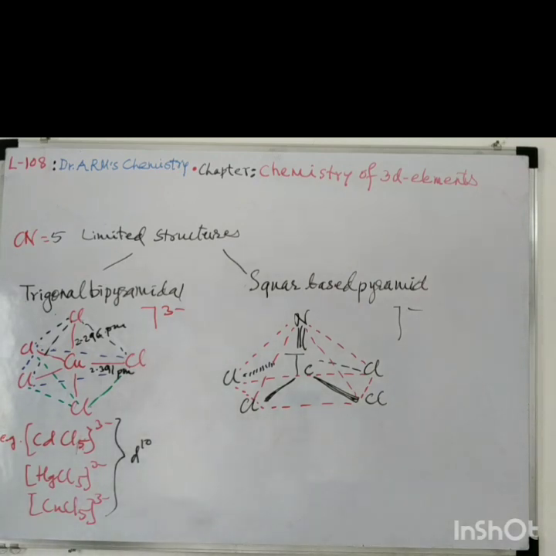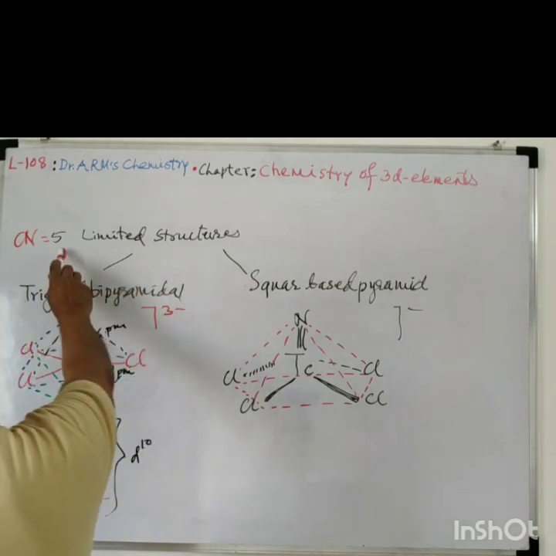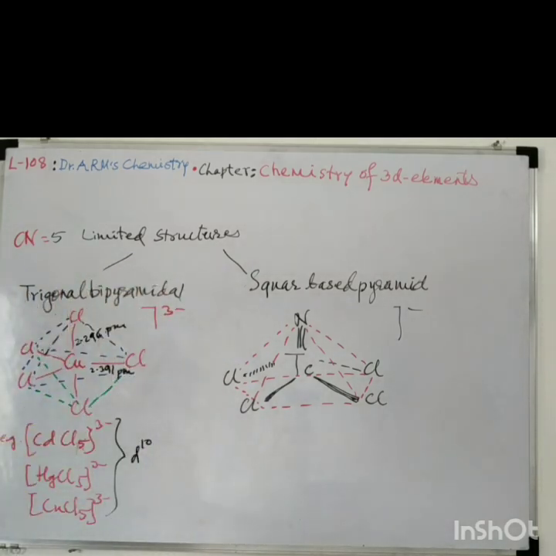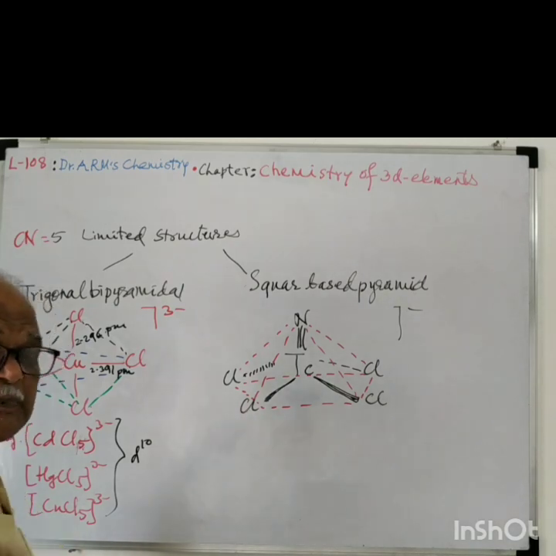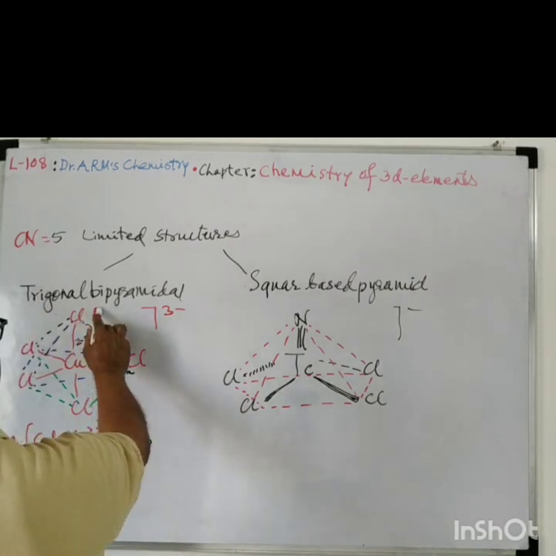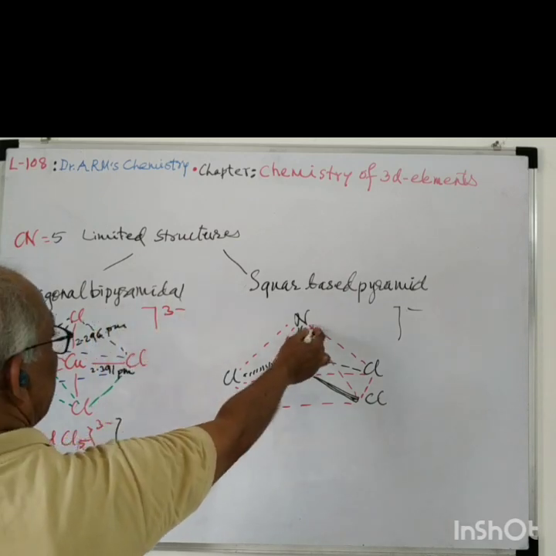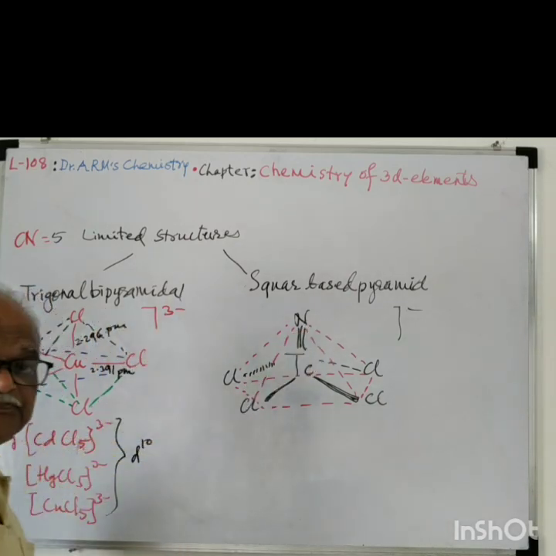In addition to this, you will find that many structures of this coordination number 5 are having arrangement of ligands lying between the trigonal bipyramidal and the square based pyramid.